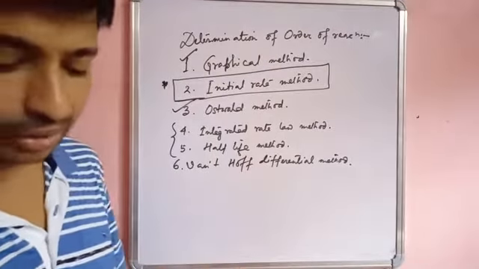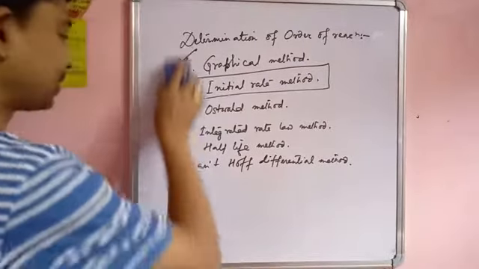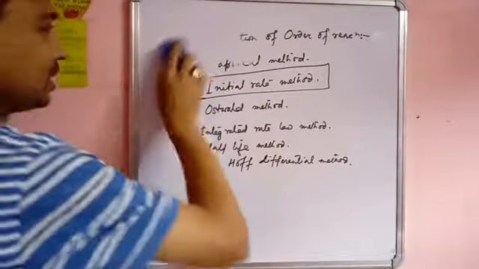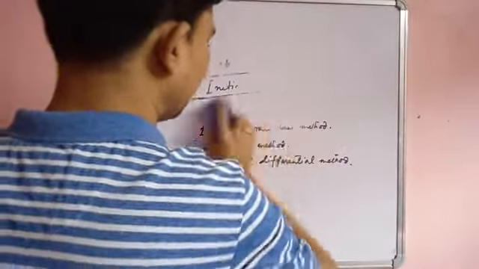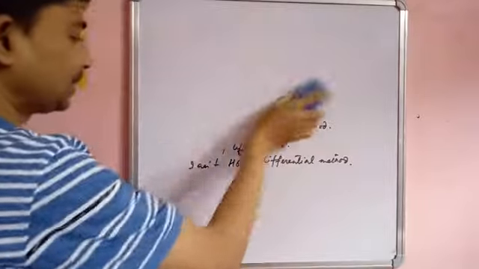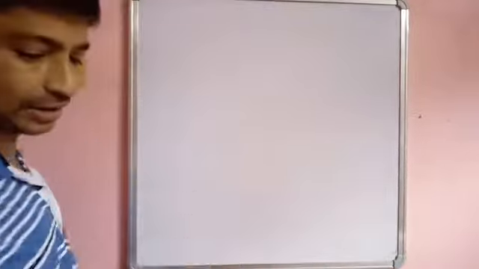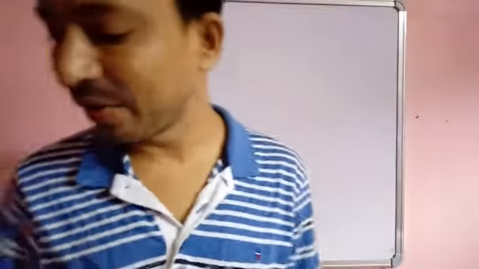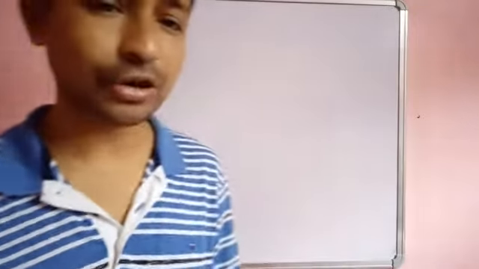Now let's see what the Van't Hoff differential method is and how, using this method, we determine the order of reaction. We know very well that the rate of reaction varies as the nth power of the concentration of reactant.